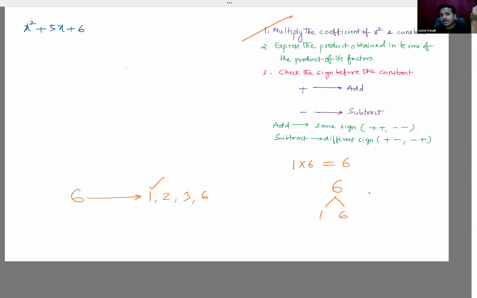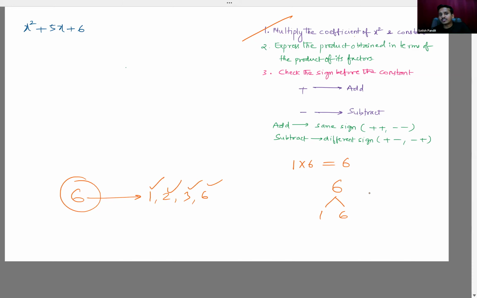Because 1 can completely divide 6, 2 can completely divide 6, 3 can completely divide 6, and 6 can also completely divide 6. So whichever number can completely divide a number is called a factor. Factors are the exact divisors.